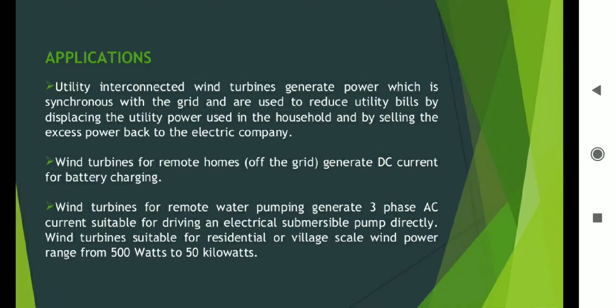In remote areas where electricity is not available, they use batteries, so there we can use this wind turbine to charge the battery. Also, wind turbines for remote pumping generate three-phase AC current suitable for driving an electrical submersible pump directly. Wind turbines suitable for residential or village scale range from 500 watts to 50 kilowatts. So this is the suitability of wind turbines.